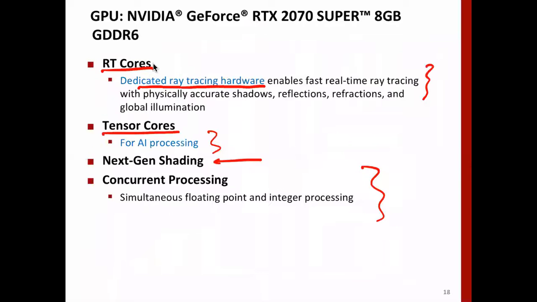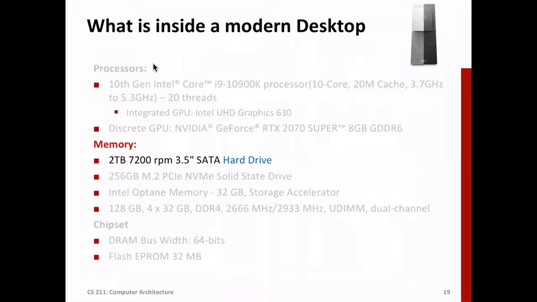All right. So the next thing is memory. Now we see 2 terabyte, 7200 RPM, 3.5-inch SATA hard drive. We call it HDD. Now most of us are using HDD.